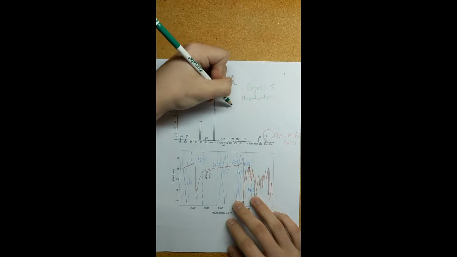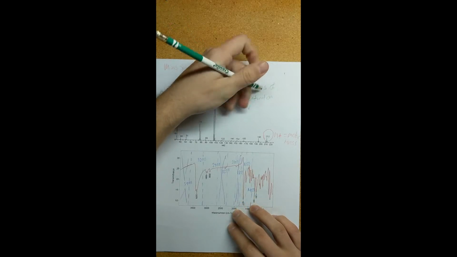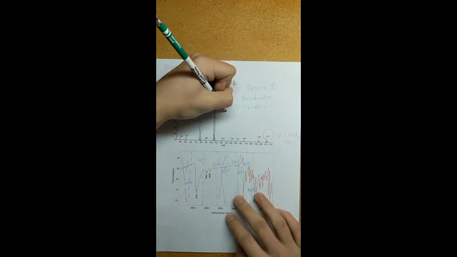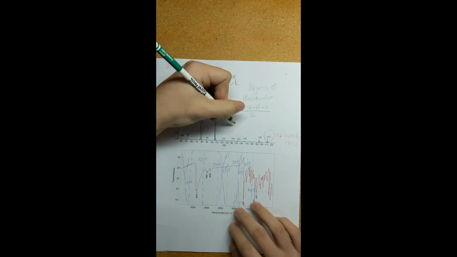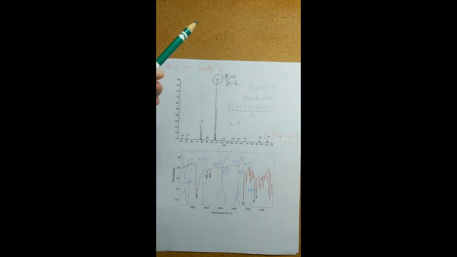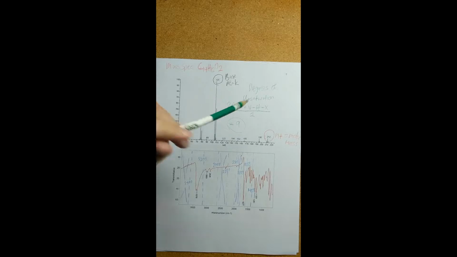So to do that, use the formula 2 times the number of carbons plus 2 plus the number of nitrogens minus the number of hydrogens minus the number of halogens all over 2. And if we do that math, we get a number of 9. So that means we can have a combination of 9 pi bonds and or ring structures within the structure that we're going to come up with.